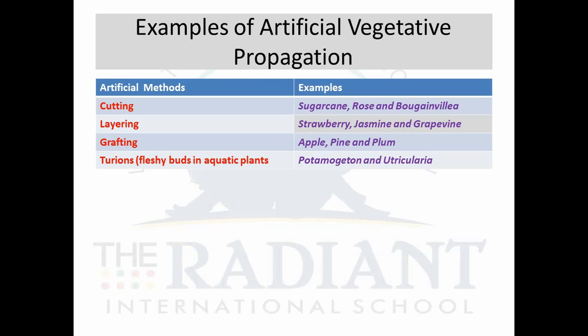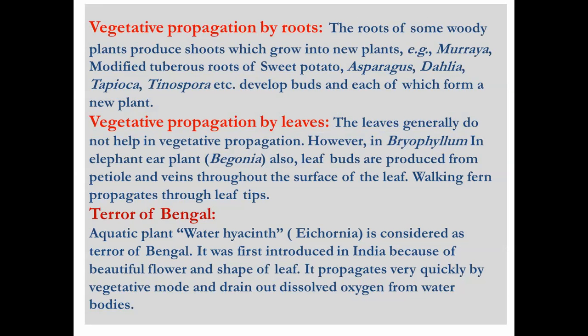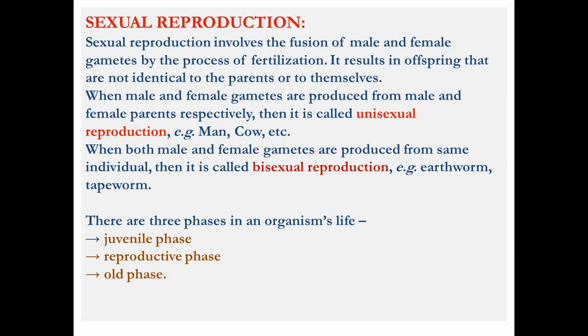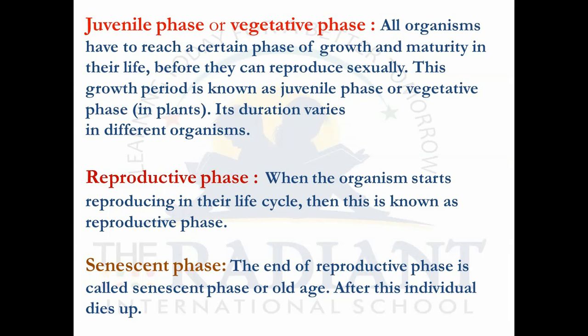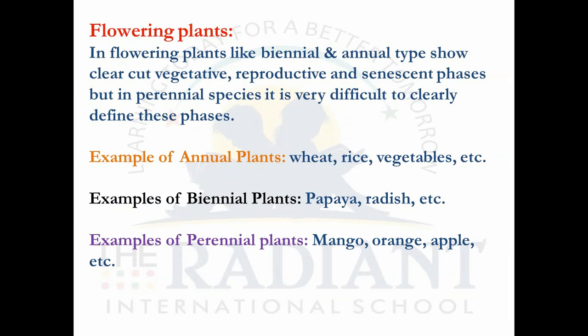Then we discussed artificial vegetative propagation, and then we started sexual reproduction in plants. In sexual reproduction there are different phases. The total lifespan divides into juvenile phase, reproductive phase, and old phase. In flowering plants there are three types: annuals, biennials, and perennials.